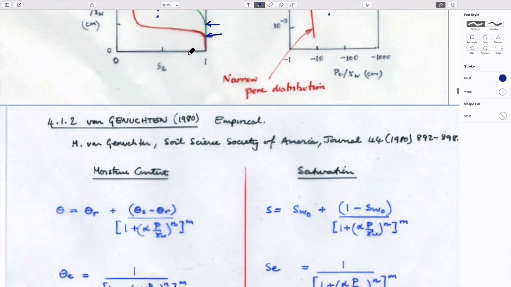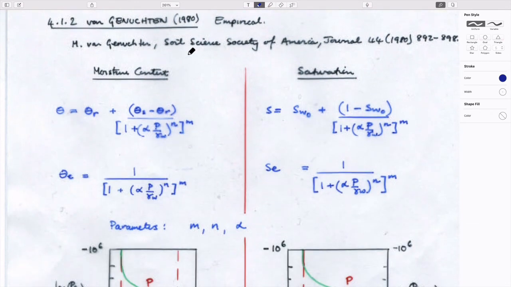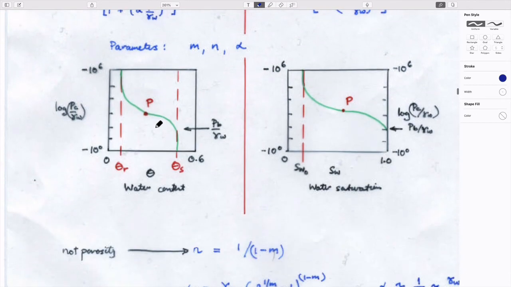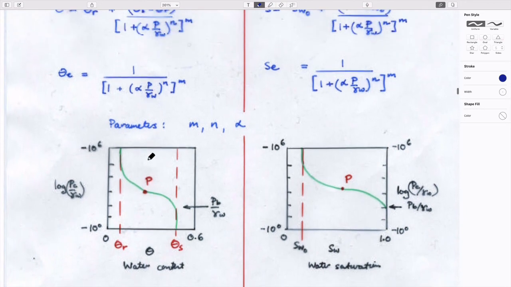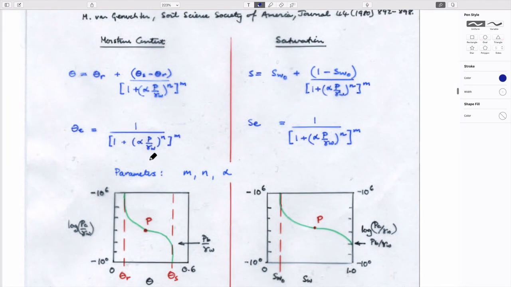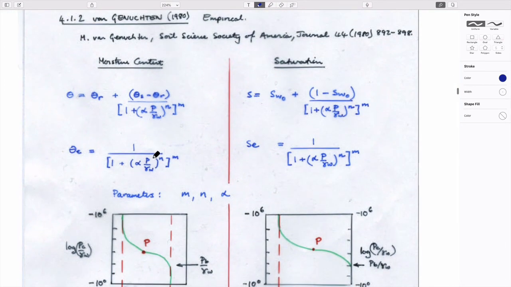One way to do that is to use these empirical relationships by Van Genuchten, which do just that. They allow you to look at the volumetric moisture content as a function of capillary pressure. They are a recipe, if you like, from having done a whole bunch of experiments to measure these capillary pressure curves in different materials and find some statistical relationships between those materials and some parameters.